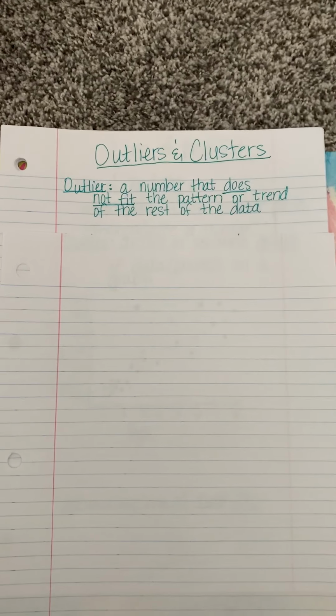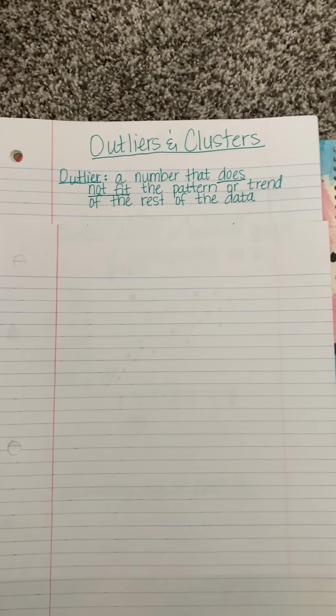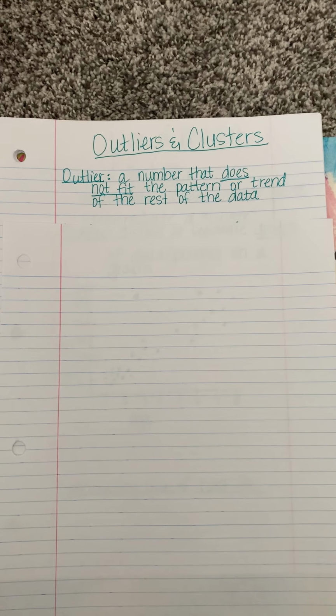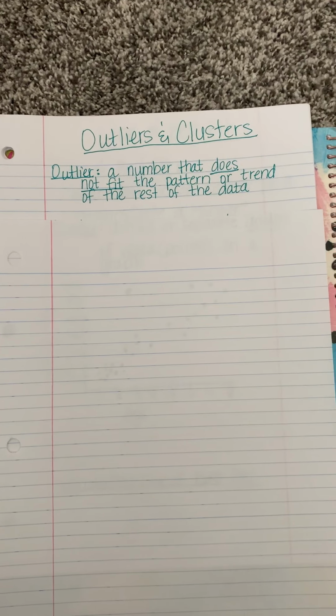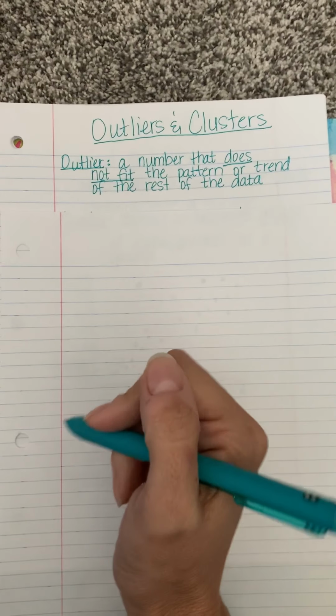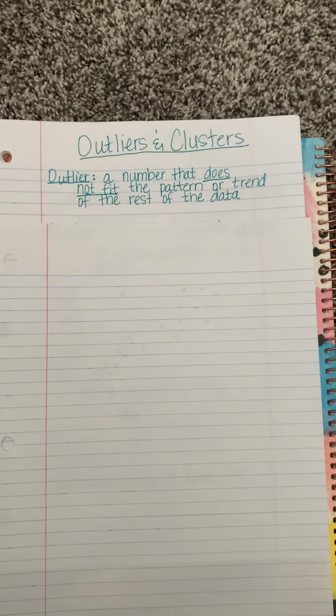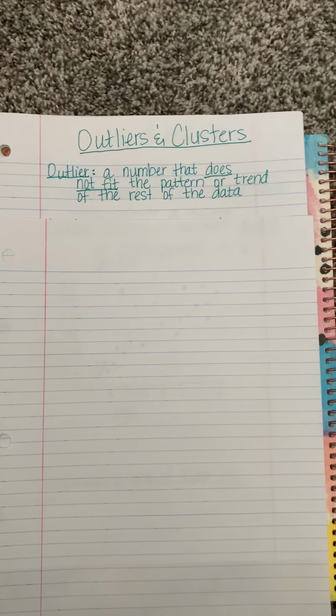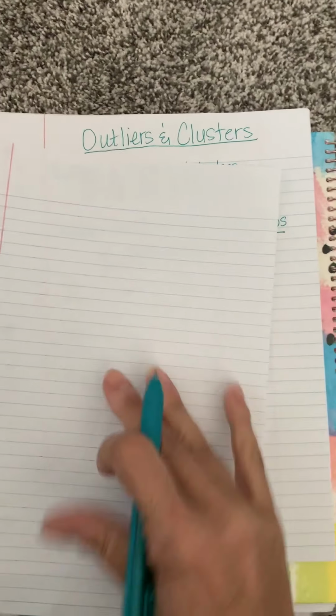So, for example, if I am looking at, I'm trying to think, plant height, okay, and we have 5 plants in our classroom, and we've all decided to grow the same plant, and we decide to record the height after 5 days.